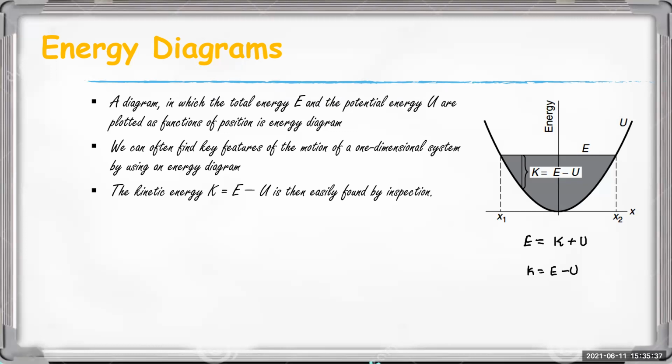So in this graph, the potential energy and also the total energy are represented. Using these two quantities, when we find the difference of the two, we can obtain the kinetic energy. When we discuss this particular graph, we will discuss that kinetic energy.